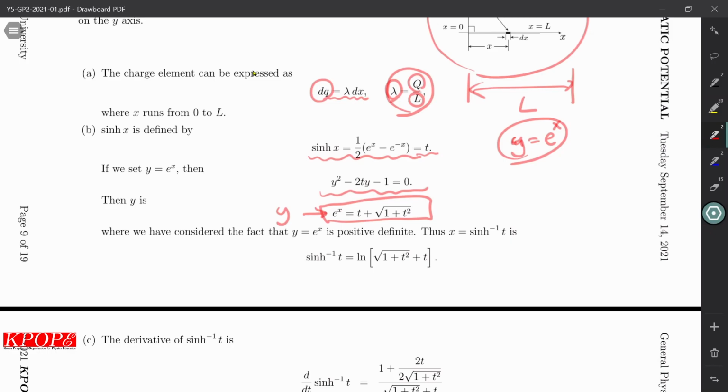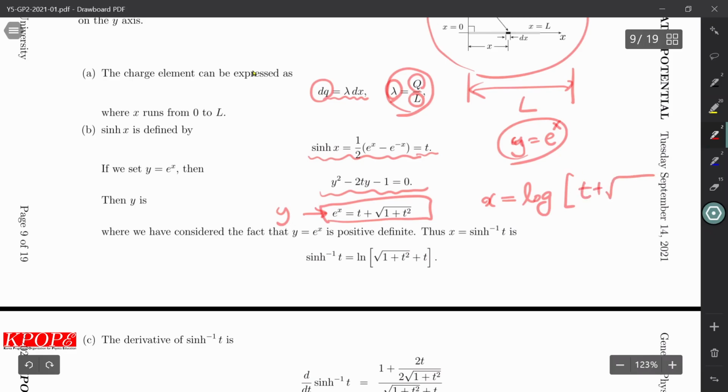Because of this, x equals log of t plus the square root of 1 plus t squared. Log is the natural log, that means log whose base is e. E is not an electron charge, but Euler's number.